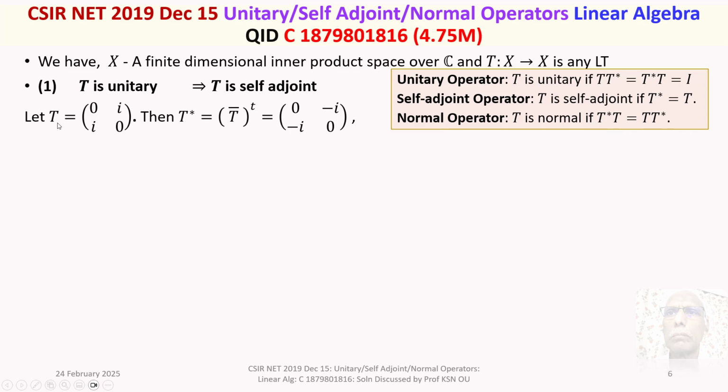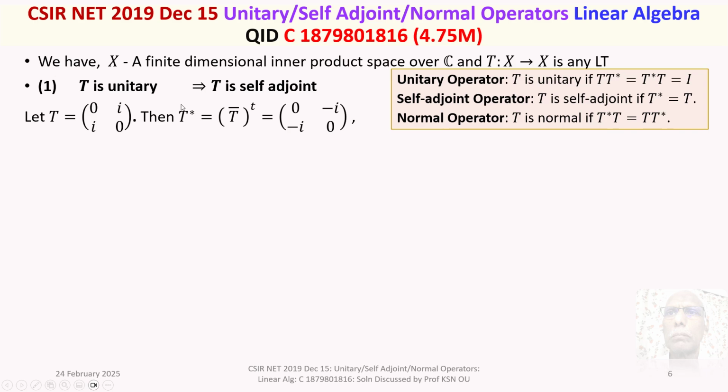Saying a linear transformation is equal to a matrix is not otherwise found in the literature. We take T equal to a matrix to mean the matrix associated with T with respect to a basis is this matrix. That is the understanding.